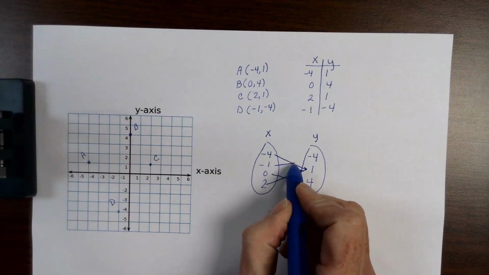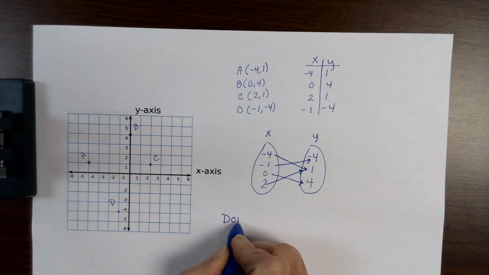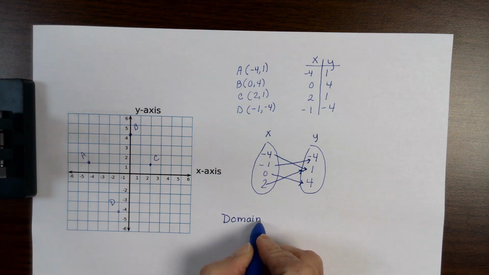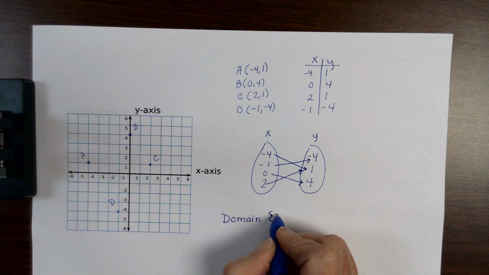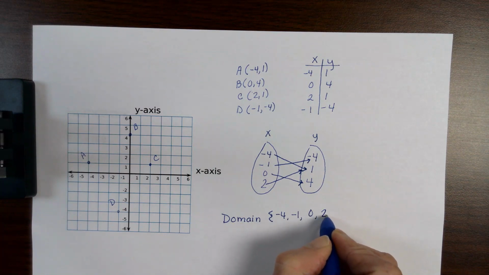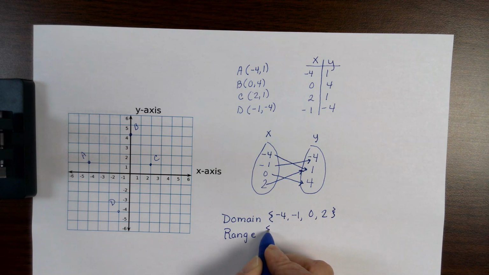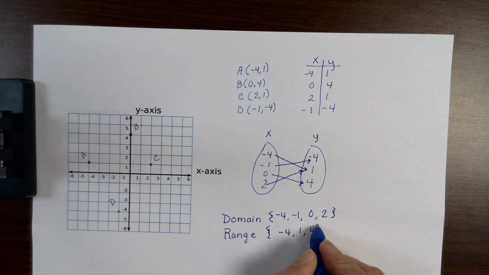If they ask me for the domain, remember that's all your x's. So it's -4, -1, 0, and 2. If you've done your mapping right, it's very easy to give the domain and range. The range is all the y's, so -4, 1, and 4.